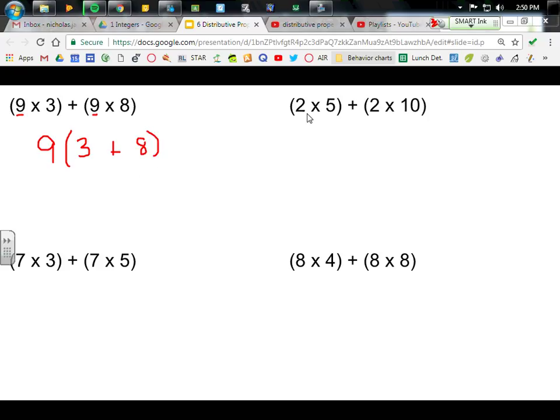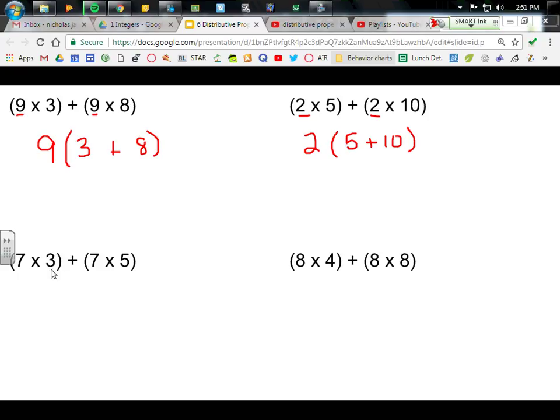Over here, 2 times 5 plus 2 times 10. Our common factor is 2. We see it right here and right here. All right, now in parentheses, 5 and 10 are going to be added up. Okay, moving on.